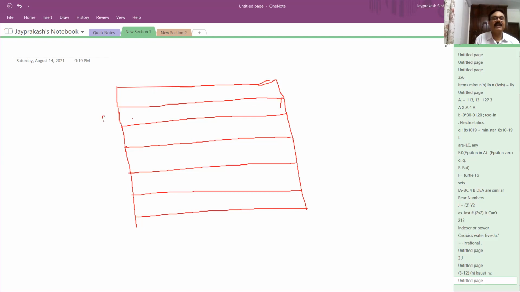So if this is your sine, this is the cos, this is tan, and this row is for cot, this row is for sec, and the last row is for the values of cosec.